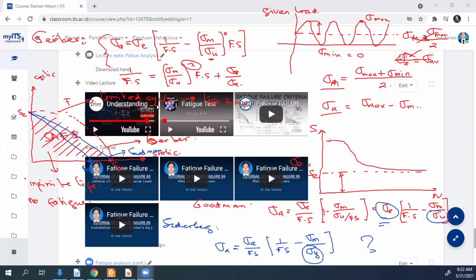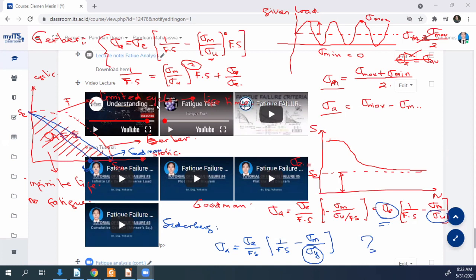Okay, how about the others? Do you have any other opinion? Why do we have sigma ultimate and sigma yield? Sir, I'd like to ask. Please. If the ductile material is given fatigue loading, will it deform or continue until it breaks?